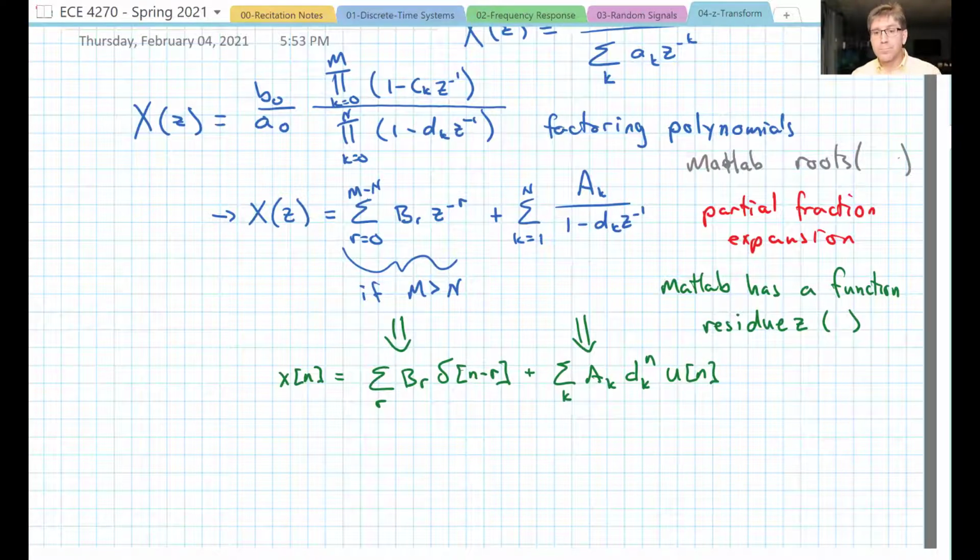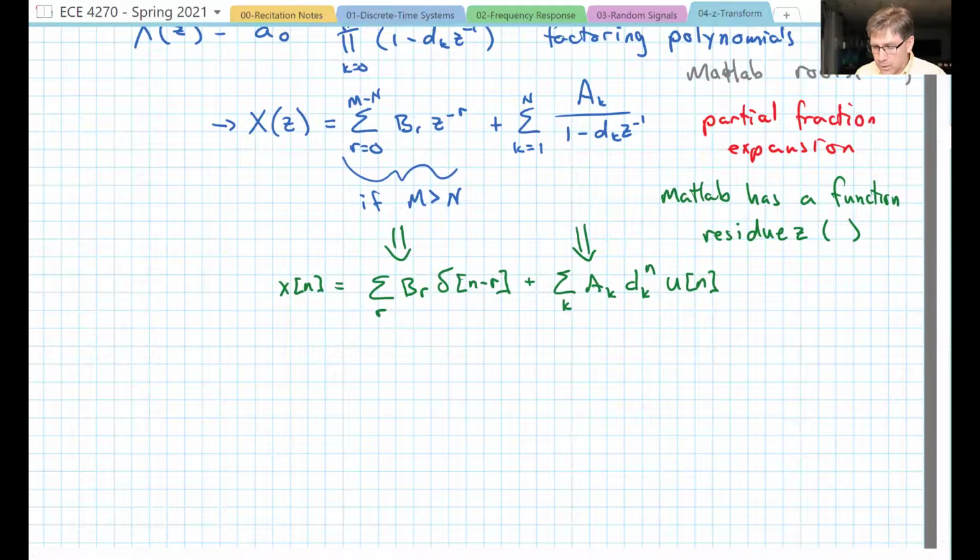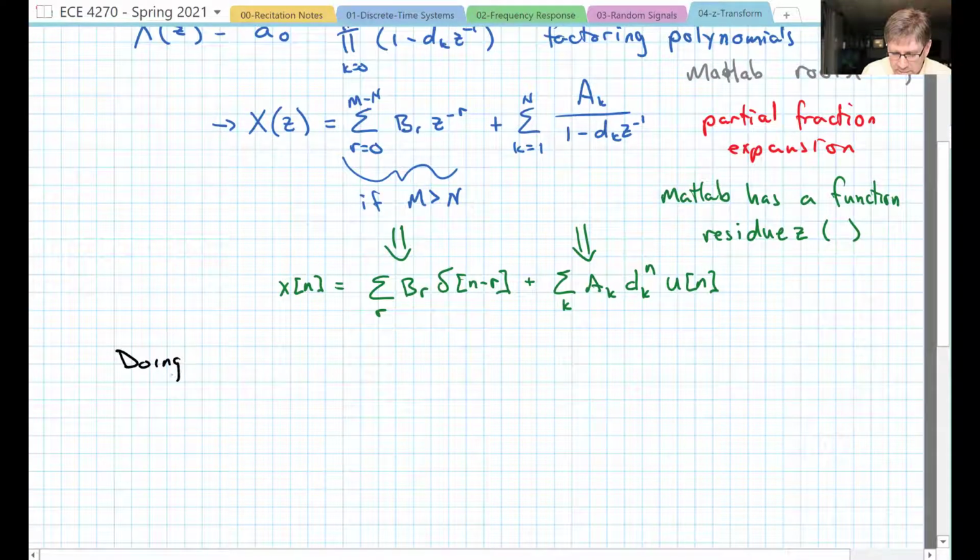So, while you can use MATLAB to do your partial fraction expansion, you should know the basic ideas. And so let's go through just a review. This is covered also in the text, and in fact, the text goes into some details that I'm not going to, just in interest of time.